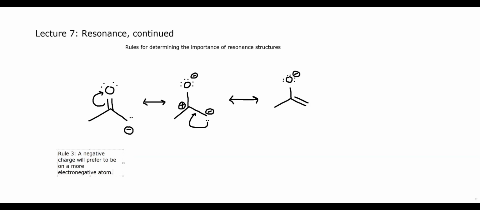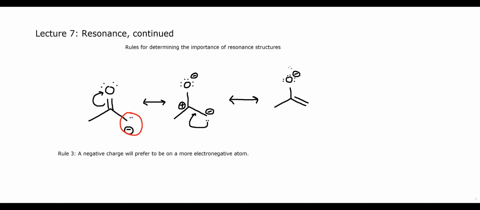Okay, so if we have these structures above, we will see in the first structure, we have a negative charge on carbon. On the third structure, we have a negative charge on oxygen. And the middle structure has a negative charge on both. It also has a positive charge.